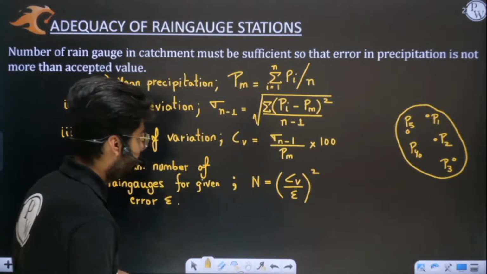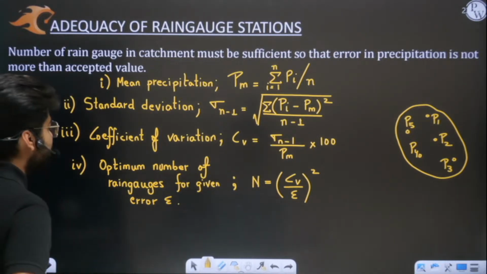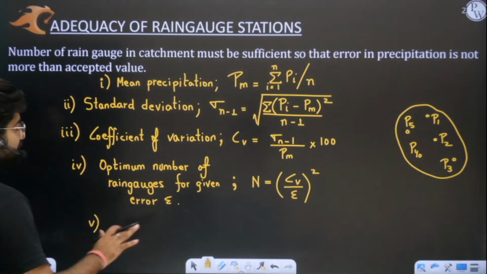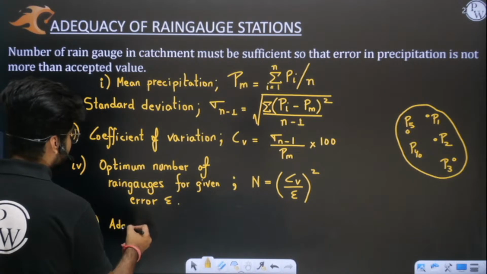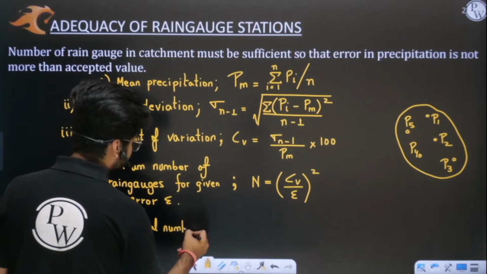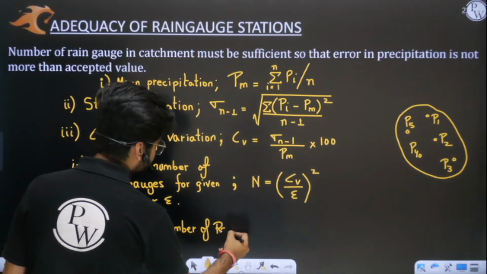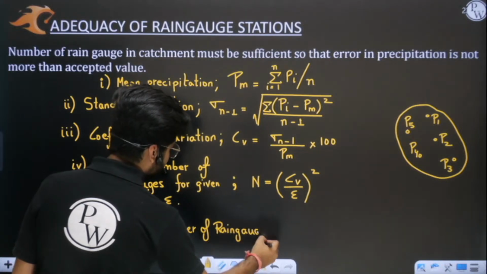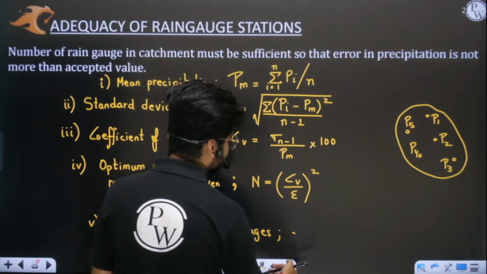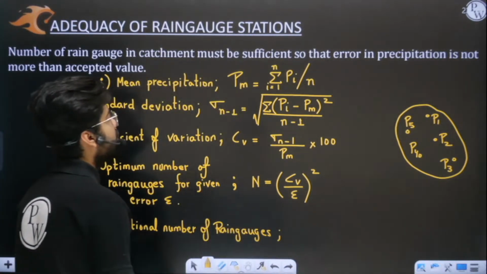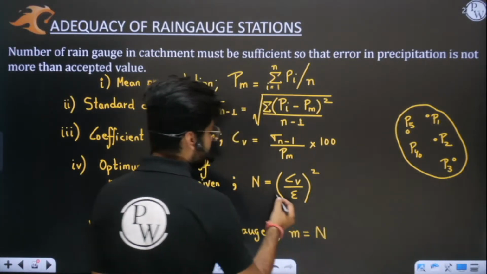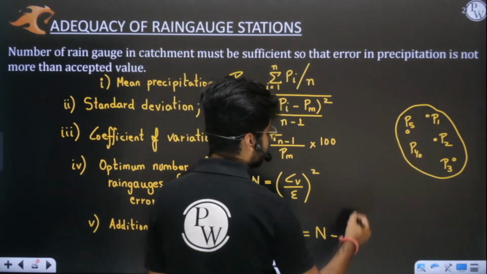Okay, sir, understood. Now, sir, please let us solve one question so that we are able to understand the entire concept. At last, they will ask you to find the additional number of rain gauges, and let us call that M. Capital N is the required number, and already what you have here is small n.